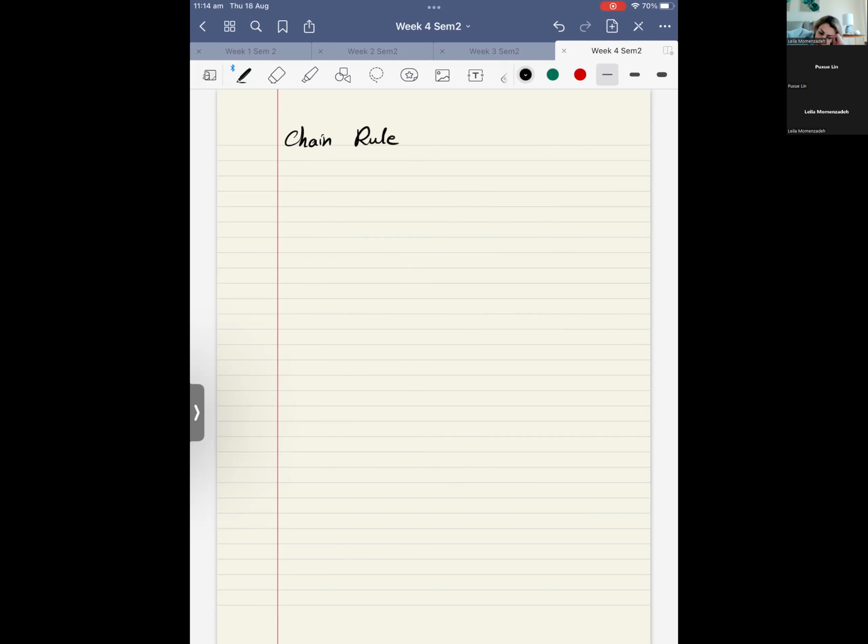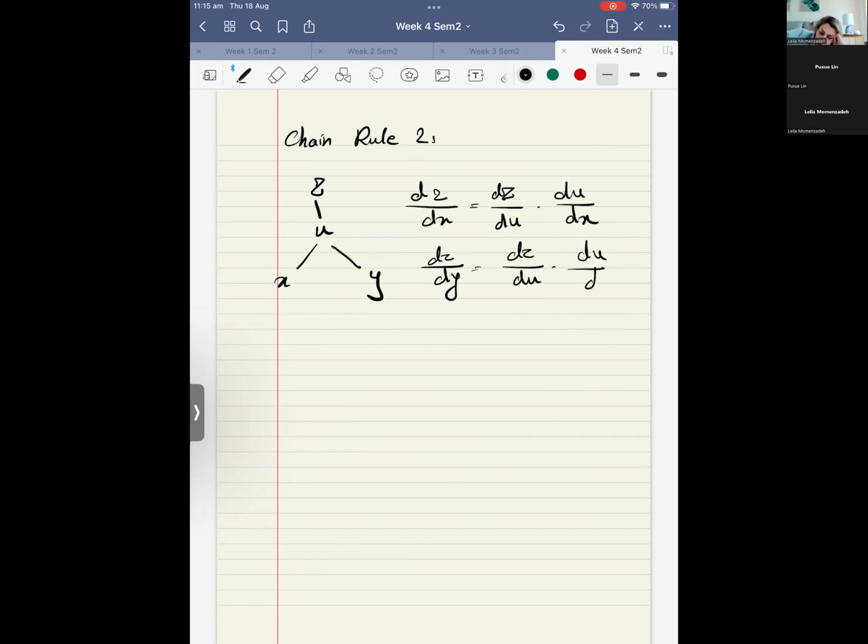Chain rule number 2. If you have a z, then you have a u, you have an x, you have a y. I can write ∂z/∂x is equal to ∂z/∂u over ∂u/∂x, and ∂z/∂y equals ∂z/∂u over ∂u/∂y.